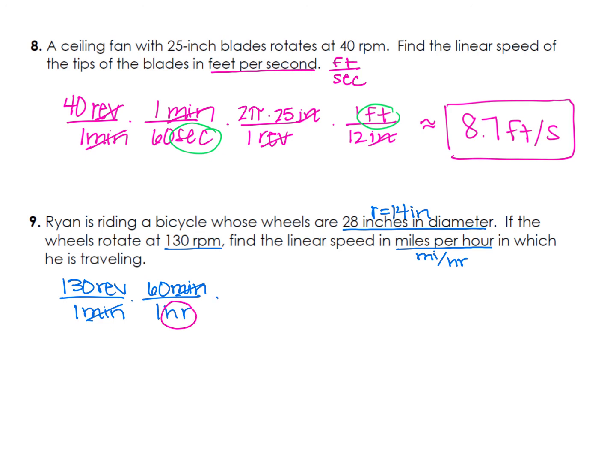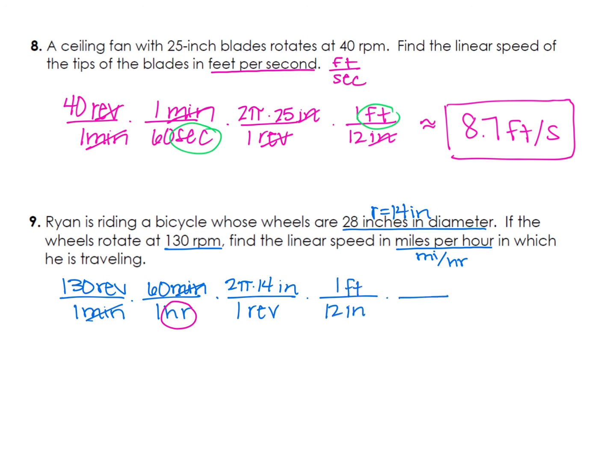And then if I convert revolutions into miles, starting by using my circumference, 1 revolution is either pi d, so 28 pi, or 2 pi times 14 inches. And then inches to feet, we have 12 inches in 1 foot.